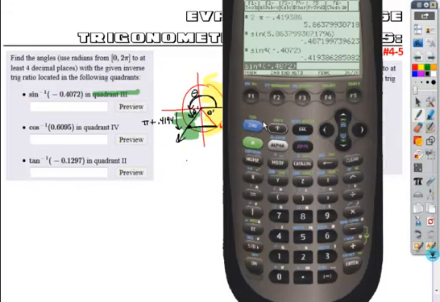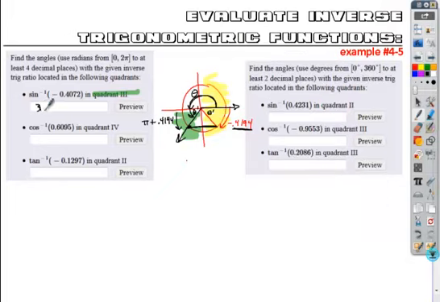So if I took pi and I added this measure here, get rid of the negative sign, I would get my answer, 3.5610, if I round it up. So this is the radian measure that I'm looking for that has the same sine here.